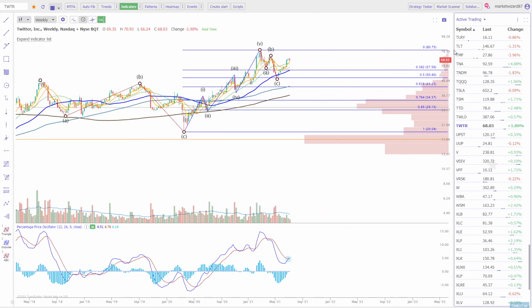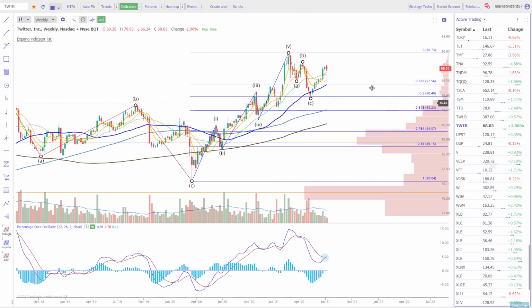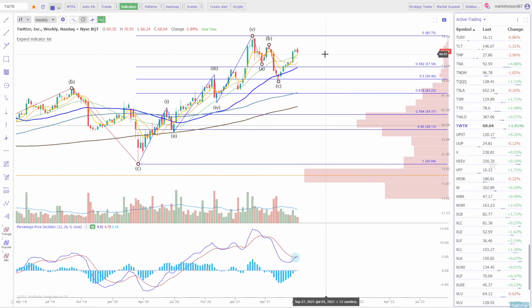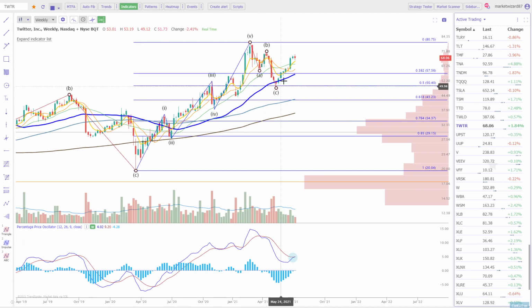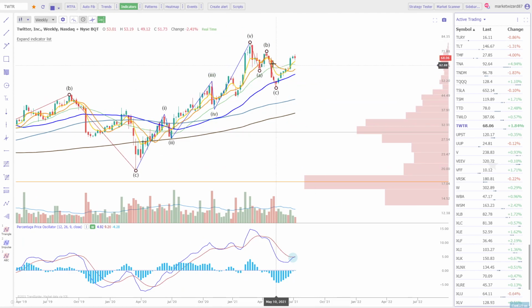So in this particular instance, this is one way I was using the fib tool. So I took the high and the low. We got a perfect 50% retrace. So let me show you another way I was using the fib tools. So that was the fib retrace tool. And this is the fib extension tool, right?